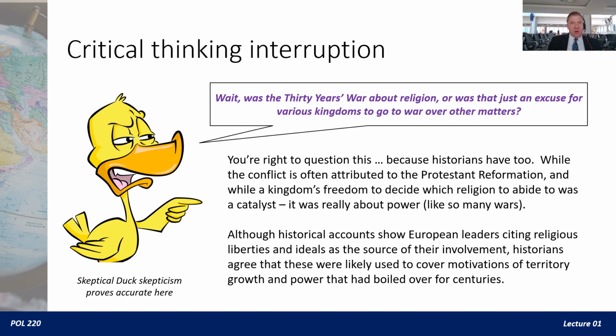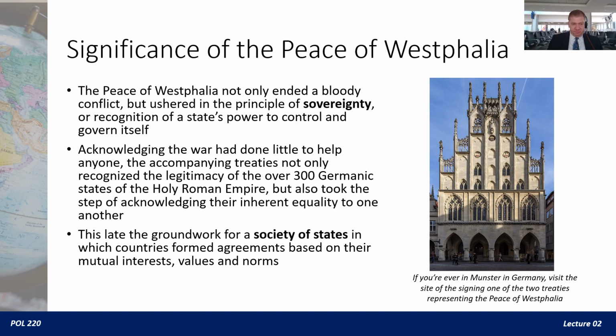And in large part, there's evidence that it was really more about power, like so many wars, expanding one's territory, resources, reach. Again, we see evidence that cites these religious reasons, but historians have generally agreed that the 30 Years' War was probably at least equally tied to the fact that these various kingdoms, in the absence of the Holy Roman Empire, were essentially vying for power and more land and territory.